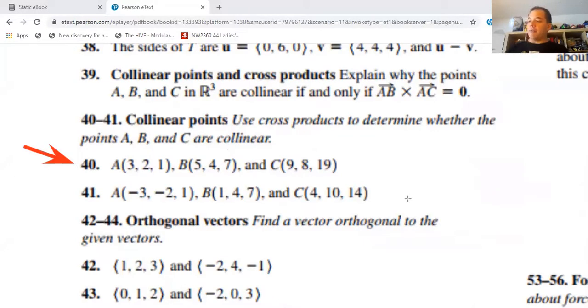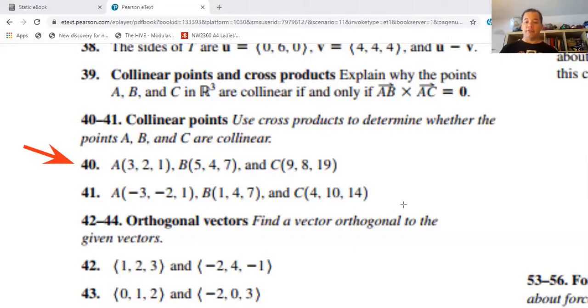And remember, the cross product of vectors that are parallel, that point in the same direction, is 0. To figure out perpendicular, you use the dot product. For perpendicular, the dot product is 0. For collinear points, any two vectors will be parallel, and for vectors that are parallel, the cross product should be 0.